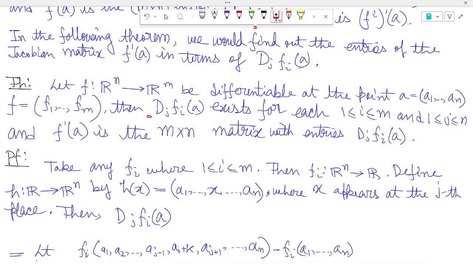But if converse, if they exist, then the original function is differentiable. That is a natural question to ask. Okay. So in general, the answer is false. I will show later why it is false. But when it is true, one condition you need to add. The partial derivatives are continuous in some open neighborhood of the point.